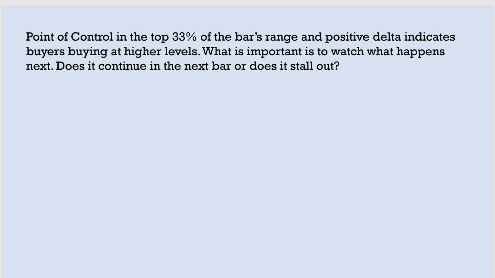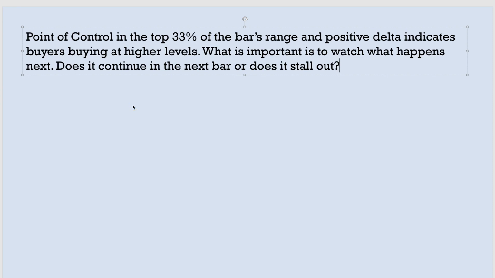But I put that in there because that's something to watch when you're assessing point of controls and deltas, for trends. That would be bullish. Okay, this one is bullish. For a bearish sign, obviously you'd be in the top 33%, and the next bar would be below the point of control in a red candle.